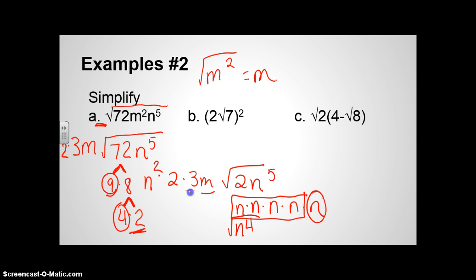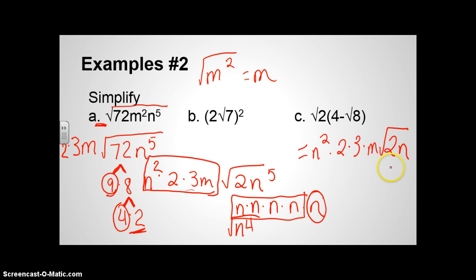So after pulling things out in front of the radical sign, leaving that 2n inside, my final answer is going to be n squared times 2 times 3 times m times the square root of 2n, because that's what was left over after we factored out perfect square values from the original problem.